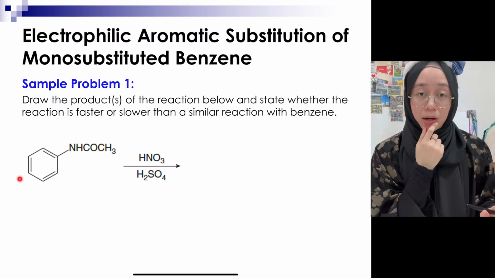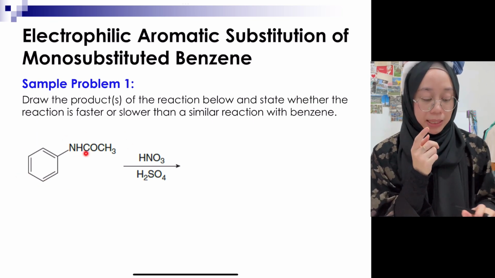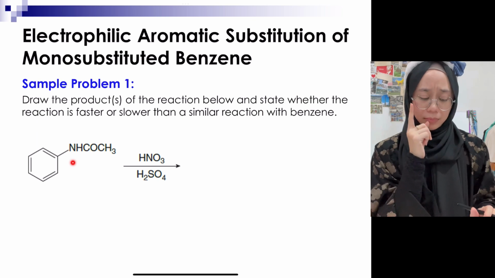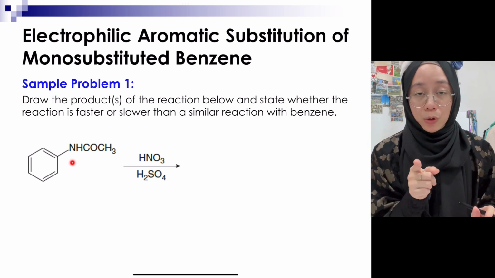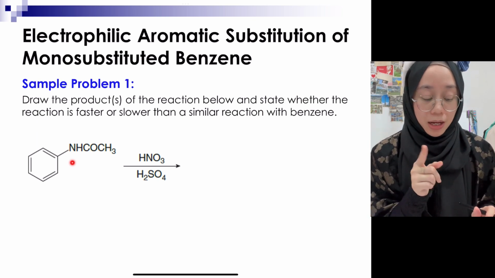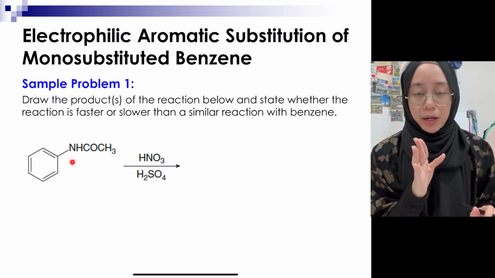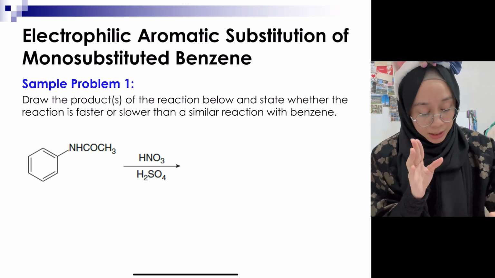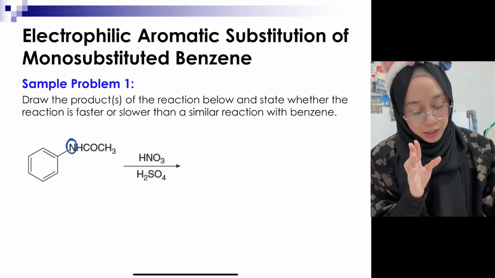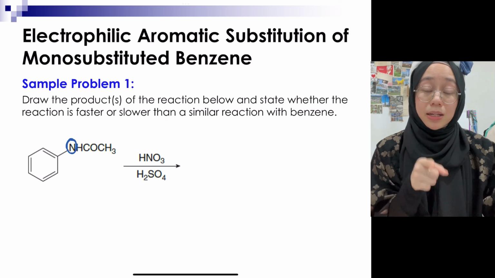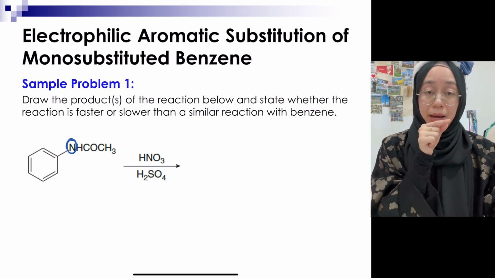Okay, so first thing adalah kena perhatikan the first substituent kat sini. The first substituent kat situ, tengok dulu, adakah dia alkyl group? Kalau dia bukan alkyl group, okay, so obviously this is not alkyl group. So kalau dia bukan alkyl group, perhatikan the atom that is directly attached to the benzene ring.